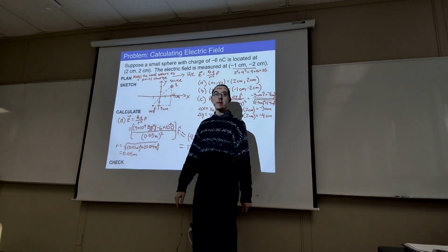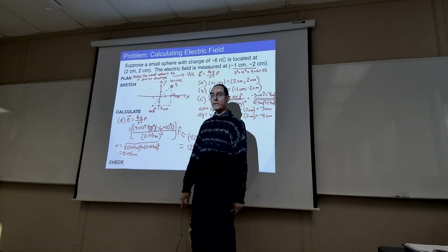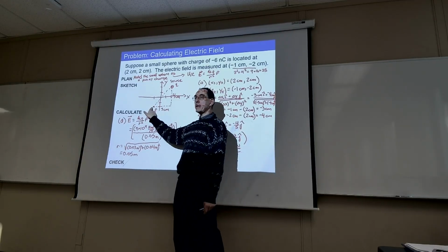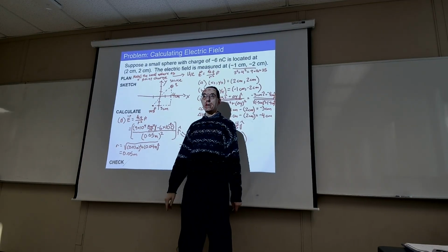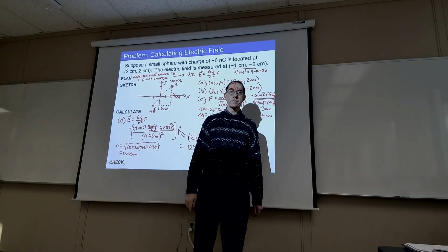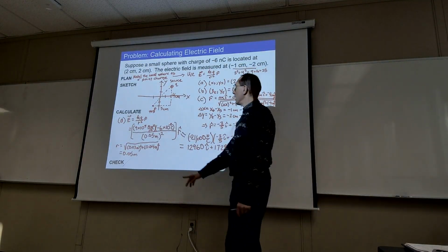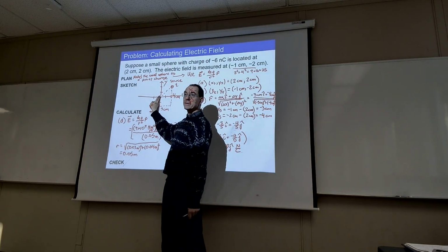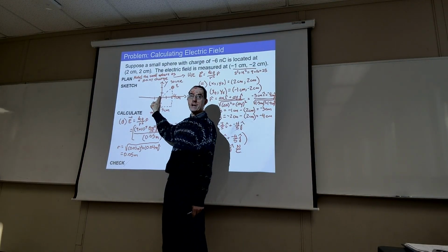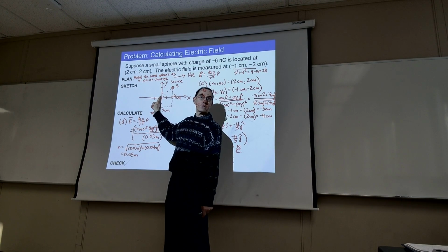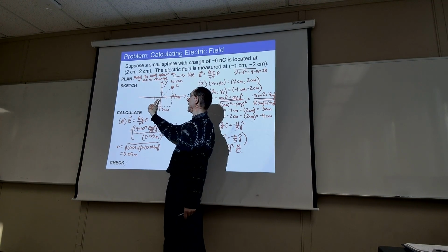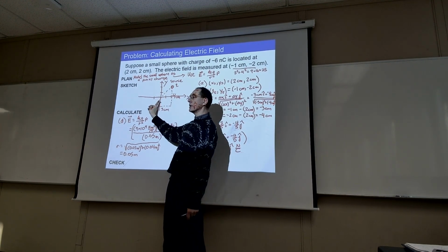Point in the direction of the electric field at point P due to the negative charge right there. It should be pointing up and to the right. Why? Because electric field lines always point toward the negative charge, so it has to be along the line connecting the two, but toward it.